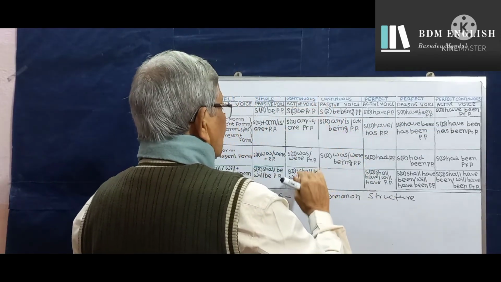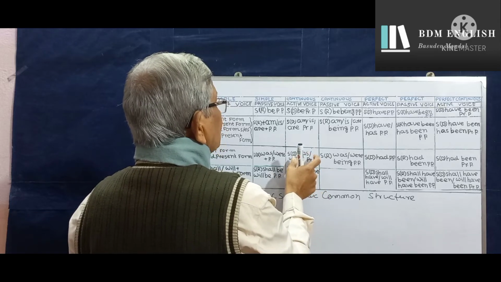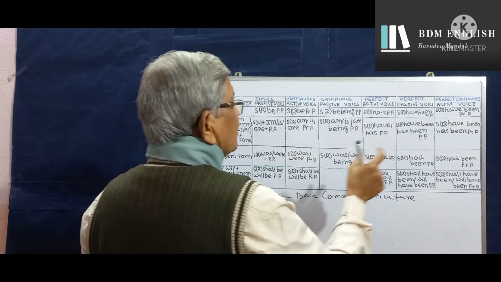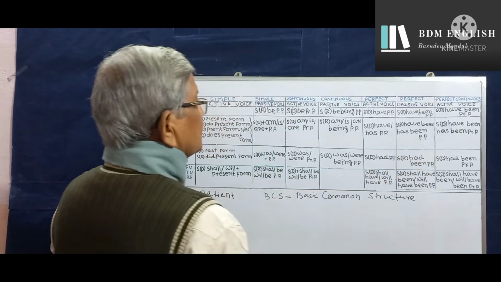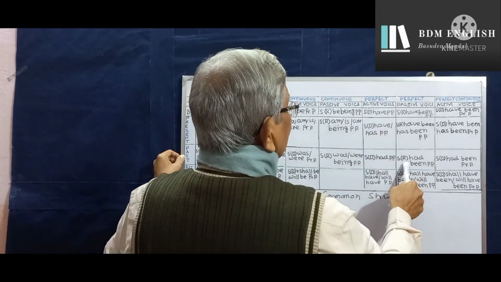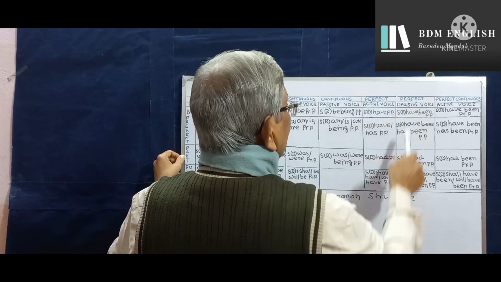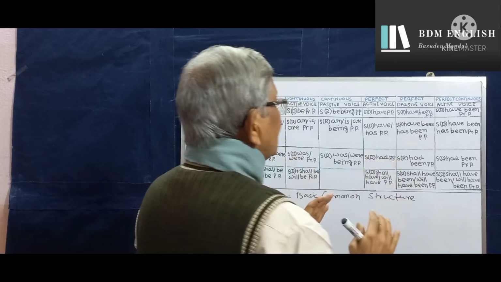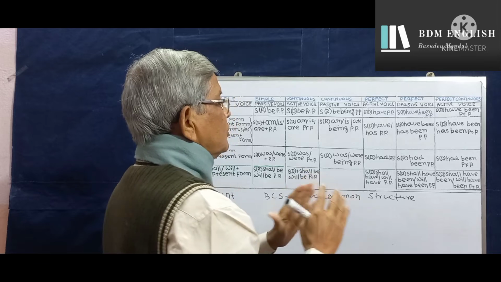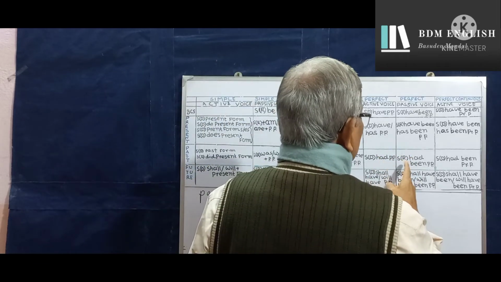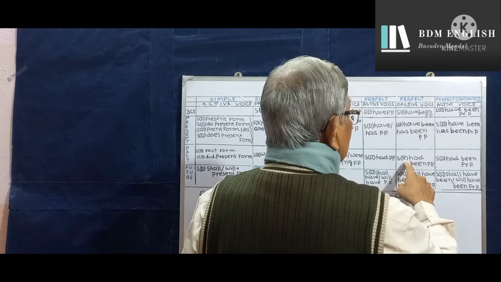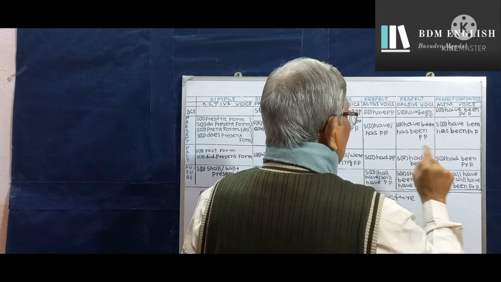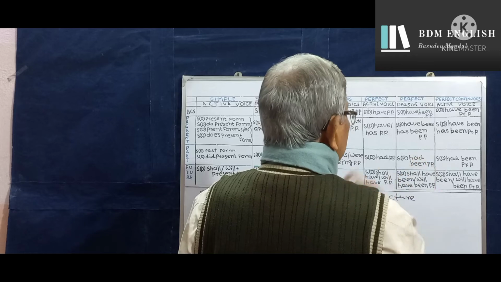If the tense and voice is the same, the helping verb must be there. For example, this box is meant for past perfect passive voice. And so when our tense is past perfect and voice is passive, we must use only this form, because in the past the helping verb has only one form, that is had been past participle.